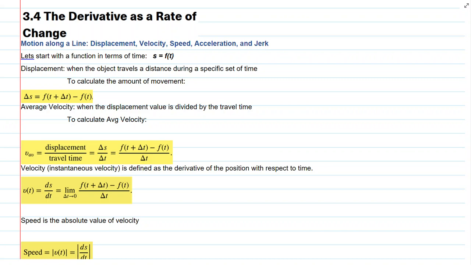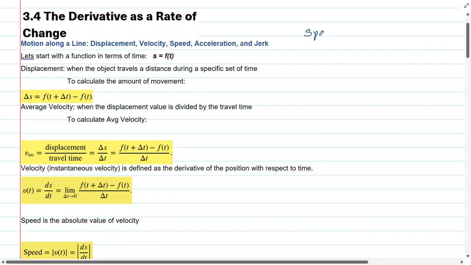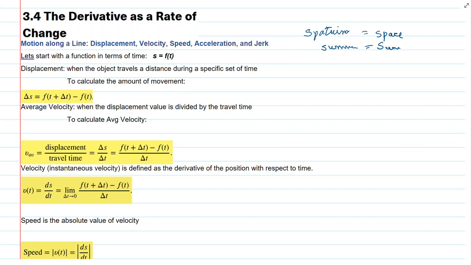The reason is a Latin word meaning space, and some of them quote summa, or sum. And again, we're measuring distance. So the function of movement is S of t.